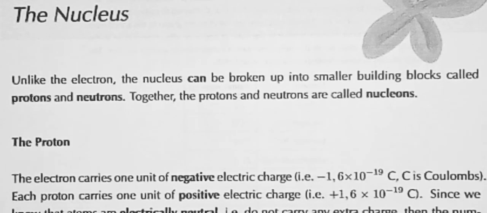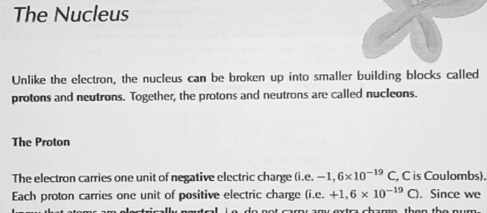Now we go to the nucleus. Unlike the electrons, the nucleus can be broken up into smaller building blocks called protons and neutrons. So don't confuse the neutrons and the nucleons.